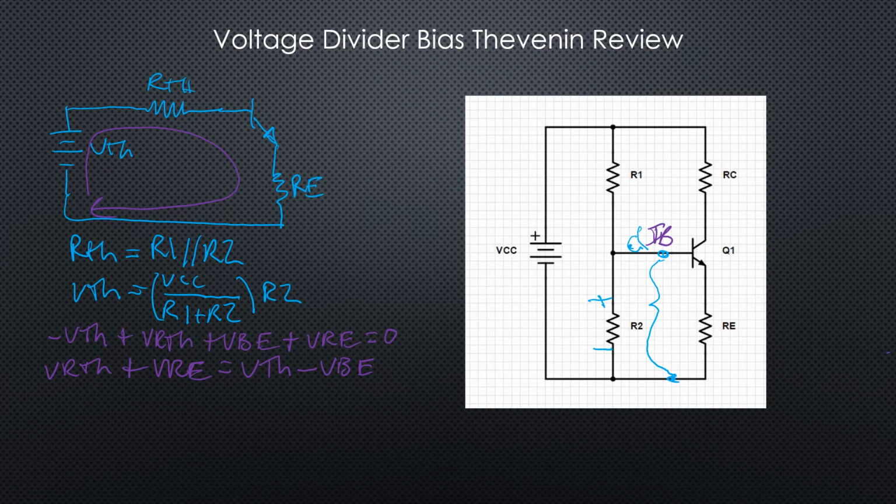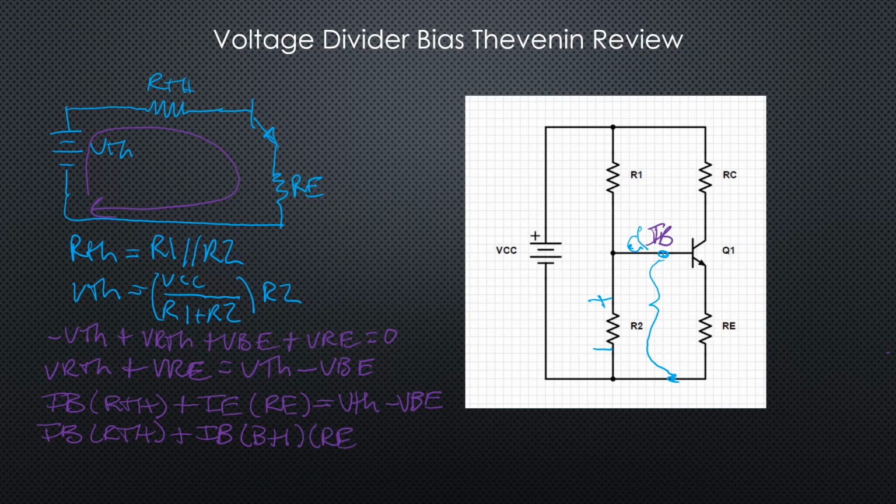That is IB times RThev plus IE times RE, and that's going to be equal to VThev minus VBE. Now we can get IE in terms of IB: IB times beta plus 1 times RE equals VThev minus VBE.